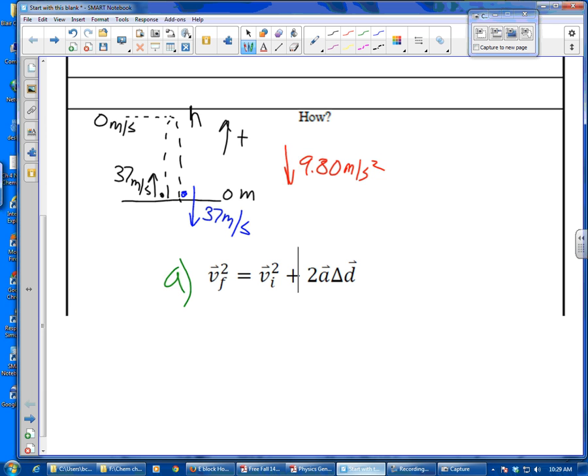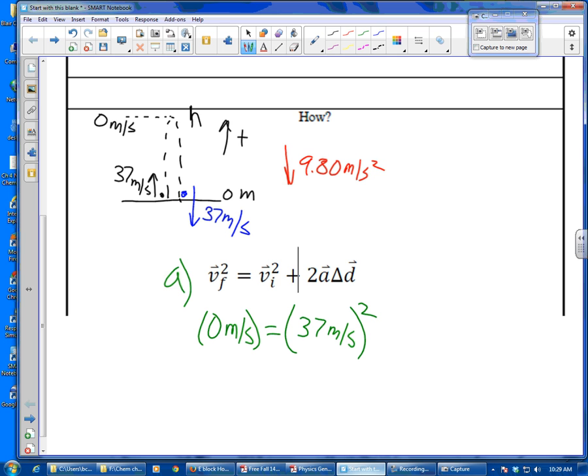So, luckily, I think I know enough to just straight use this equation, not use it to find something else, and then find what I want. But I think I know enough information. I know at the top it's going to be going 0 meters per second. I know at the bottom where I started, the initial, it was going positive 37 meters per second.